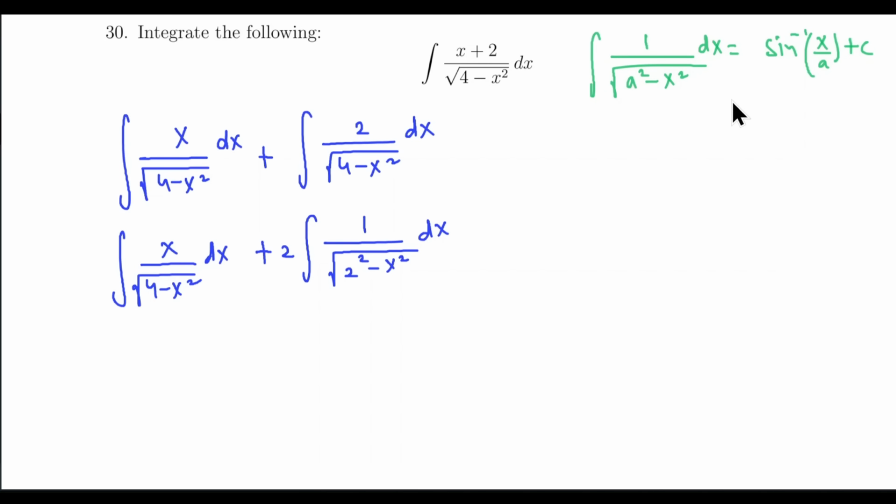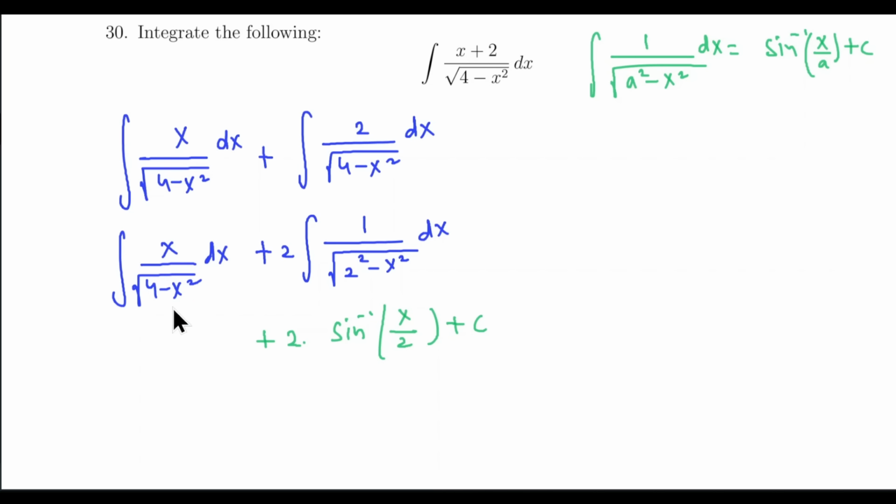The 1 over a is with tan inverse and secant inverse, not with sine. So for this one, I do have the integration ready. It's sine inverse x over a. Remember that a is obviously 2 in this case, because 4 is written as 2 squared and a squared, so a is 2, plus, of course, c.